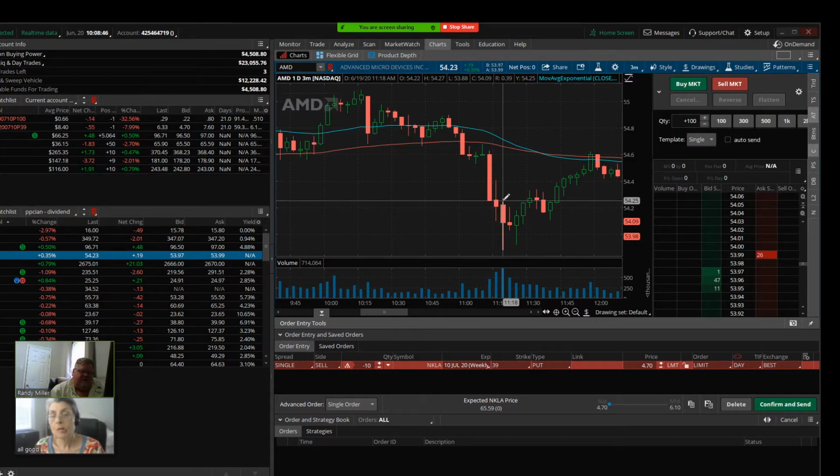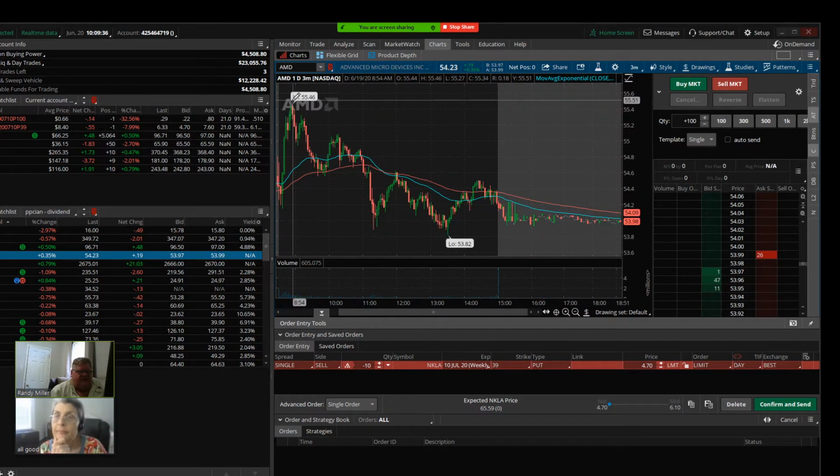These red and blue lines are moving averages, and you can tell the slope is generally down for the day. It hit a high of $55 during the day and a low of $53, and this gray indicates we're after hours.